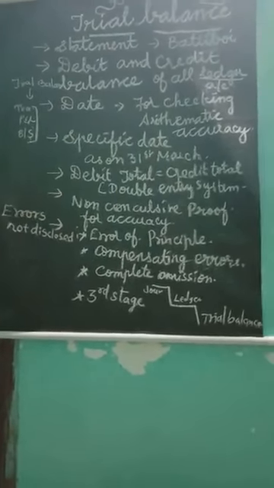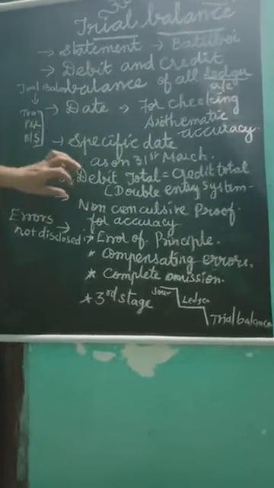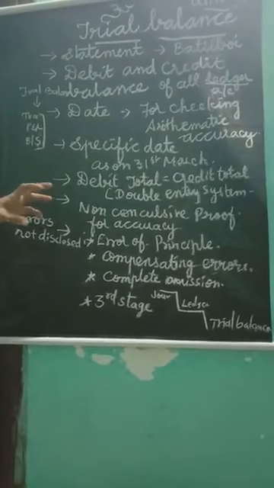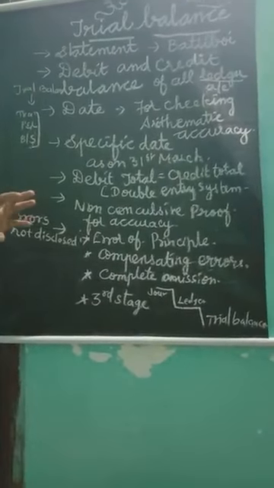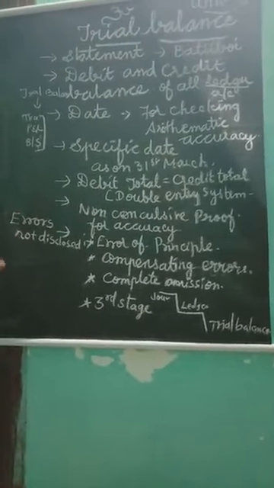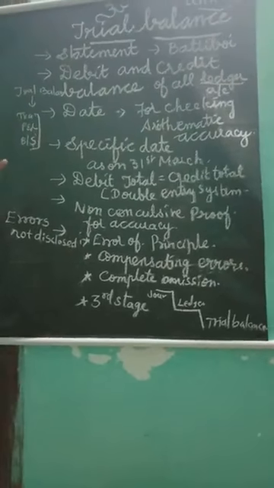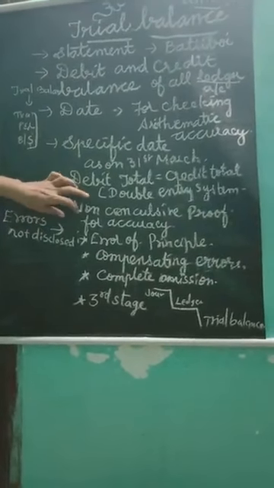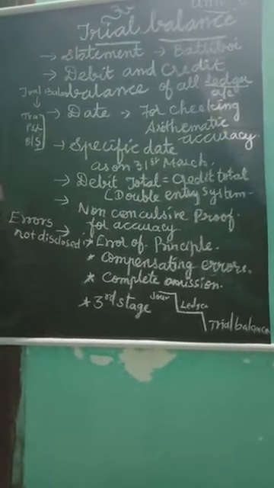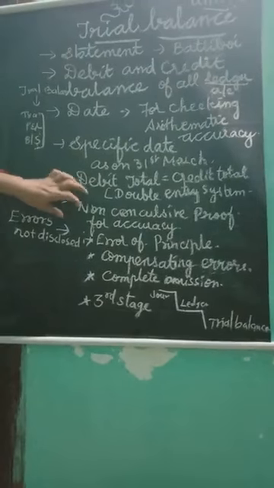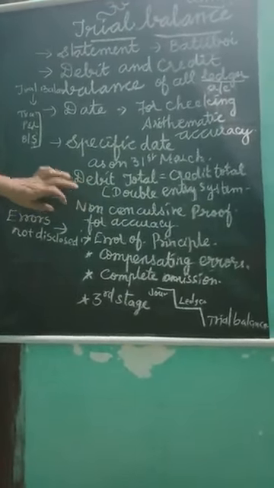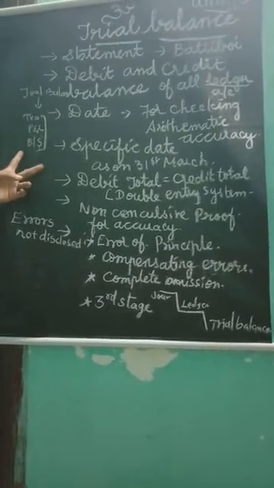This is why we are preparing this on a particular day, as I have already told you. At the same time, it should not be taken as a conclusive proof of arithmetical accuracy. This is not a conclusive proof. For the time being, we are preparing this. This is the basis for preparing the financial statements.